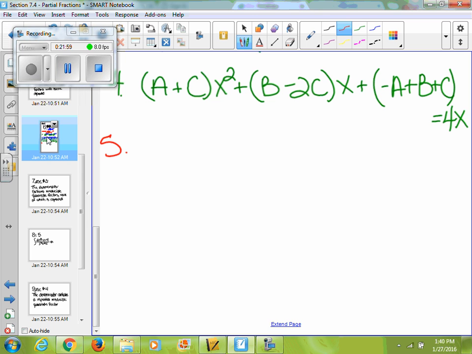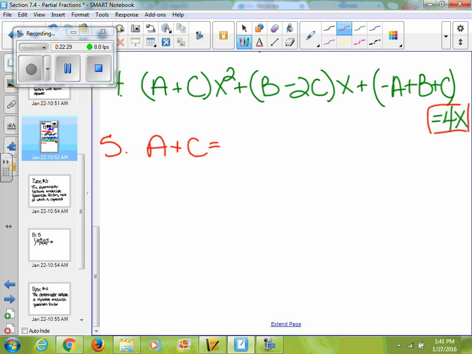Okay, and the last step was to solve. So if this is set equal to 4x, what do I know that A plus C has to equal? How many x squared factors do I have in my solution? How many x squared factors live in 4x? How many x squareds are on the board? 0. There are 0 x squareds, right?